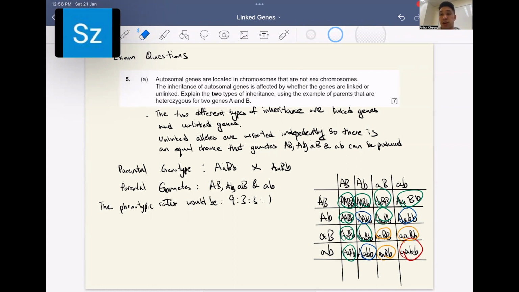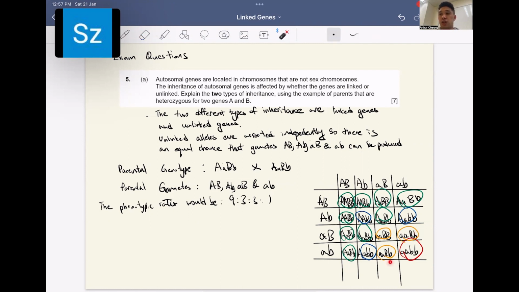Explain 2 types of inheritance using examples of parents that are heterozygous for 2 genes, A and B. So here, you will have to explain the principles of 2 different types of inheritance. It's strongly recommended that you do a Punnett square cross to illustrate your understanding, like what I've done here.